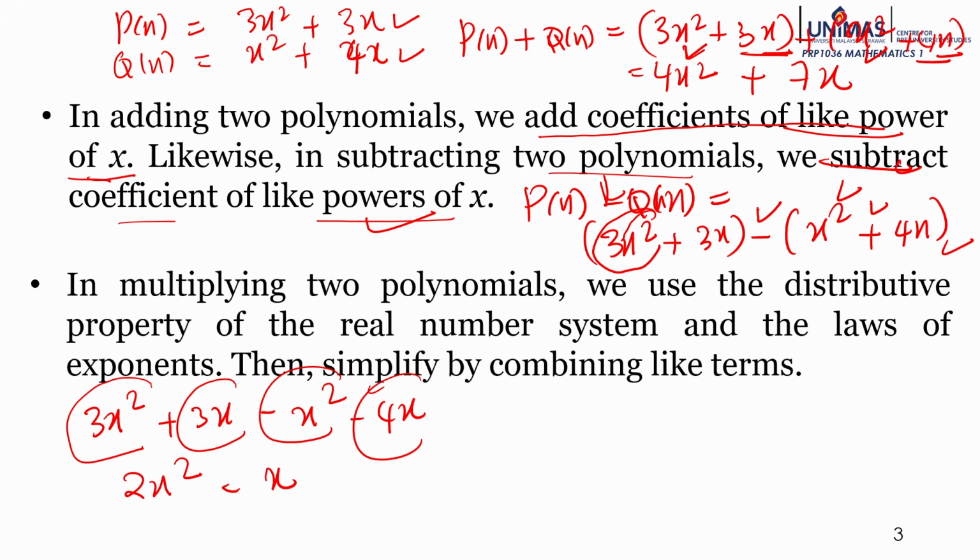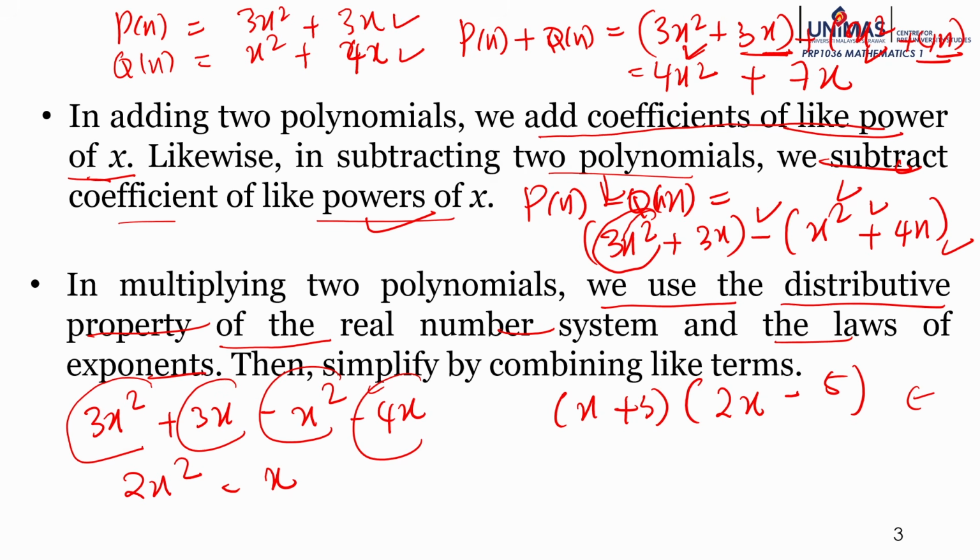In multiplying two polynomials, we use the distributive property of the real number system and the law of exponents, then simplify by combining like terms. For example, we have two polynomials, x plus 3 and 2x minus 5. This is a multiplication, so we use the distributive property.